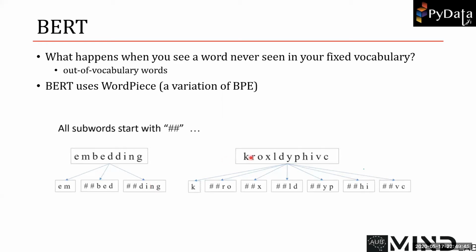And if we have a word that we've never seen before and it has nothing in common with our vocabulary, this is the worst case, you can just split it into letters or into small combinations of letters, and the model will try its best to understand the relationship between these letters.